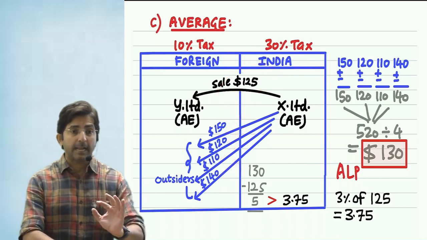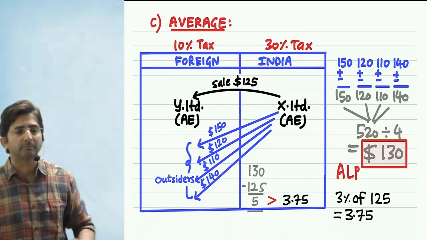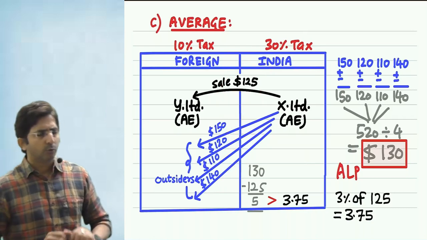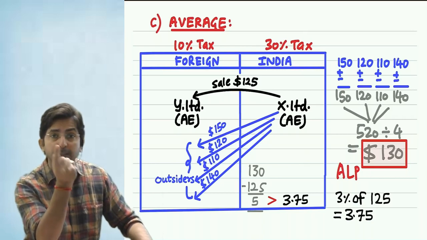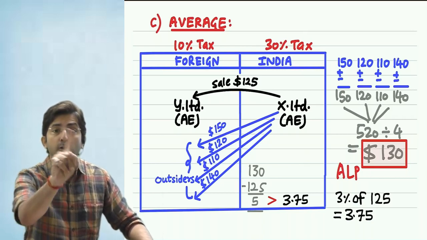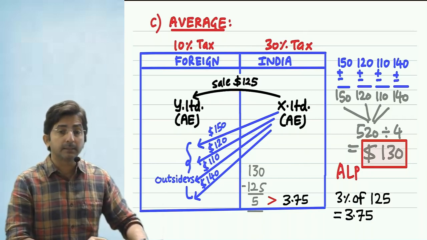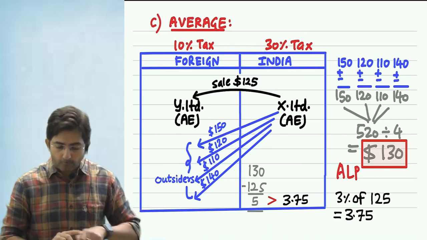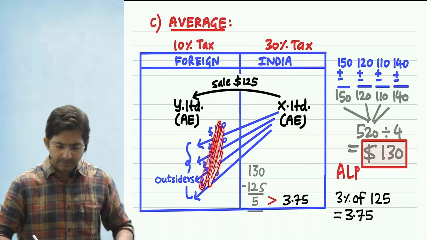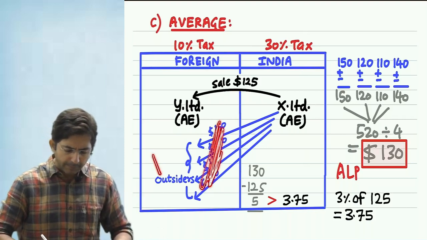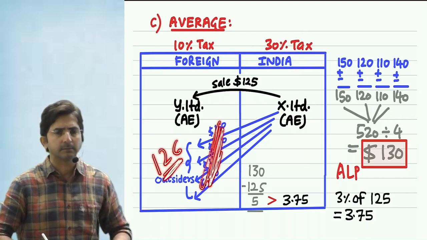Yes, if there has been a uniform pricing to all the unrelated parties, then even if $1 difference is there, government will not tolerate. Say for example, instead of this multiple prices, everyone is sold at 126.